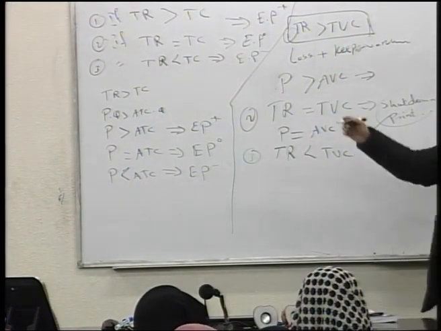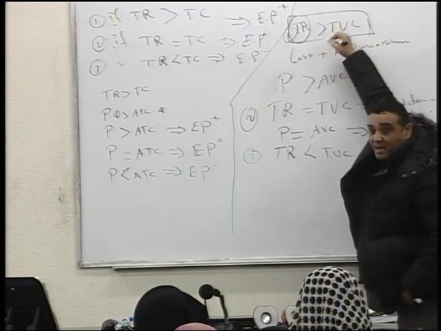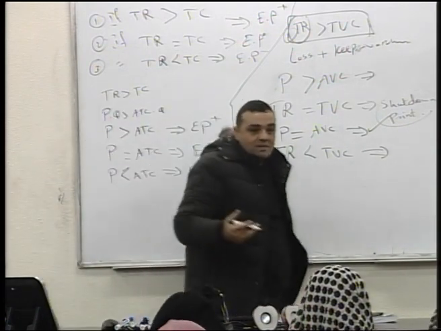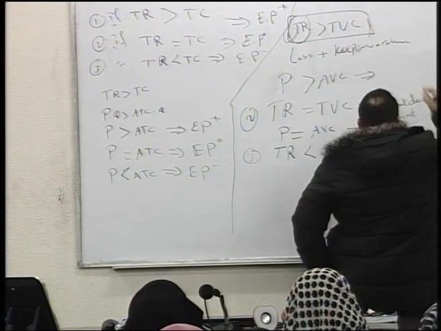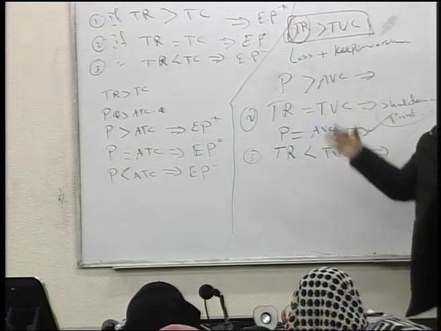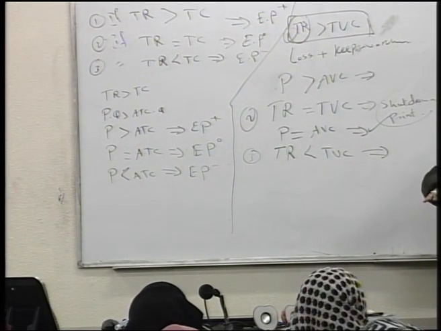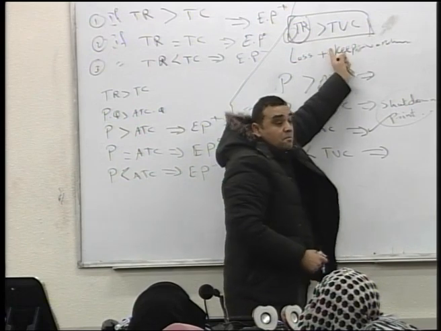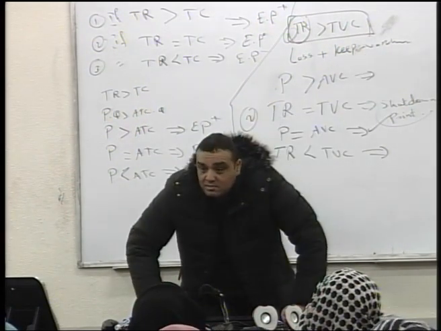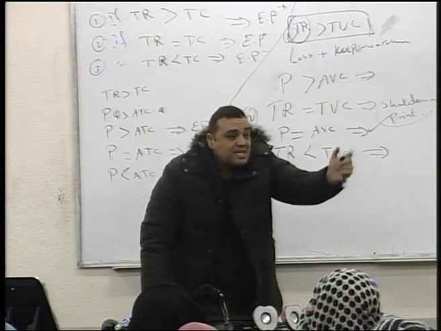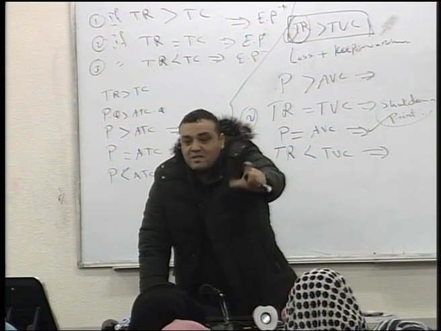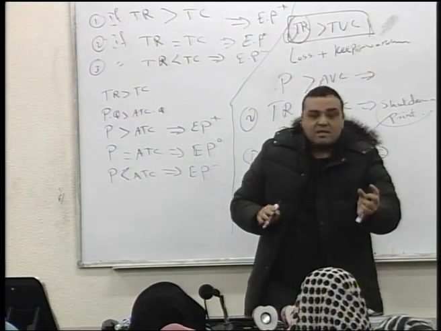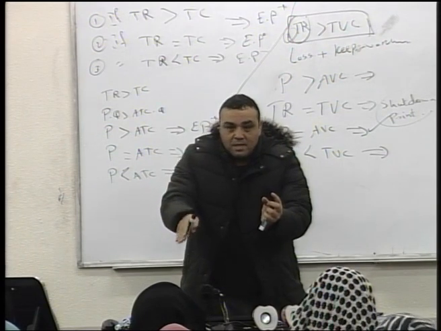That's it: if we work and cover the TVC with a bit of TFC, it's called normal profit. It is a loss, but in economics we call it normal profit. Economic profit is negative, but we call it normal profit because the business here covered TVC plus part of total fixed cost. It's a loss in essence, because total revenue is less than total cost, but it covered the TVC, meaning working is better than sitting idle, right? So that's why it's called normal profit.